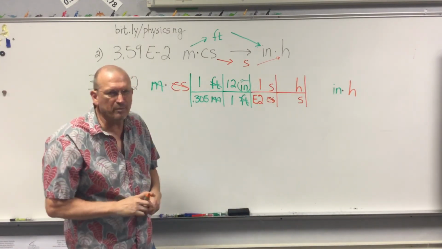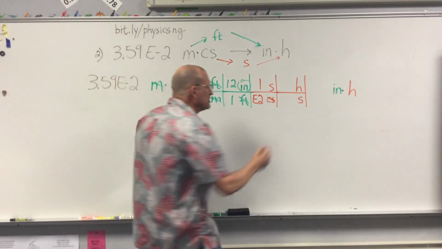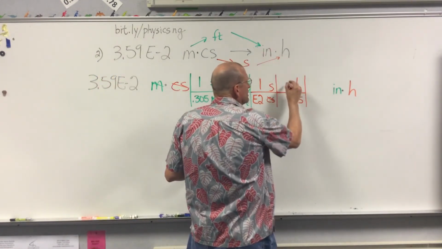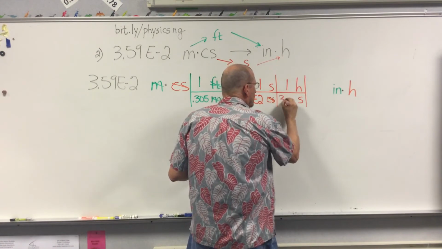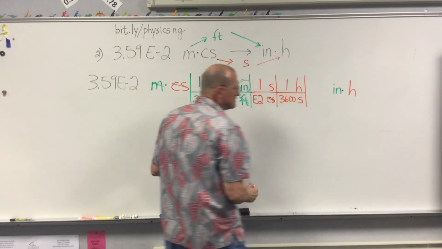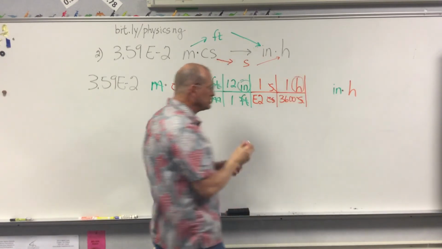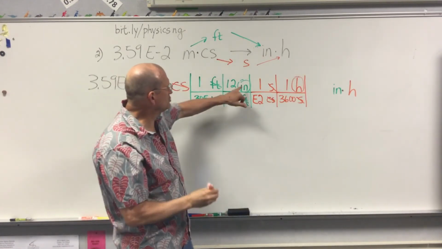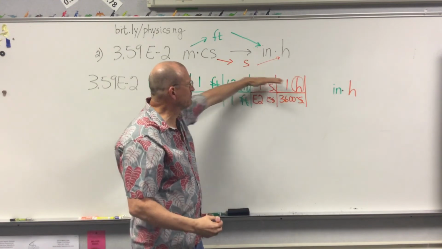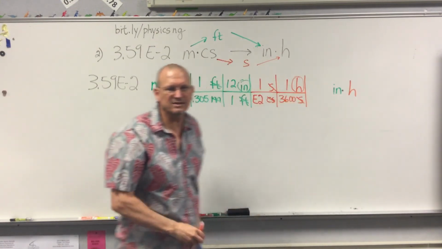That requires one more magic H. But if you remember this relationship, this is just one that you would have to know in your head. 1 hour is 3,600 seconds. And then these seconds cancel. There's my H. And now I have inches and hours on top. They're being multiplied. There's my answer.